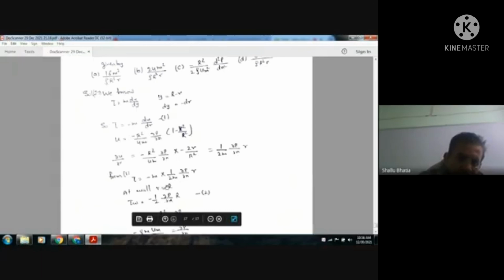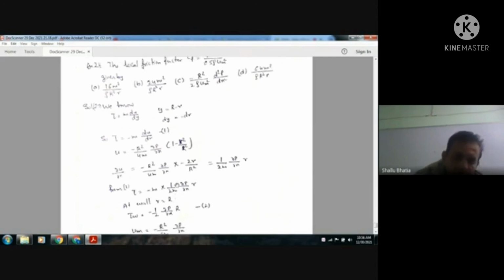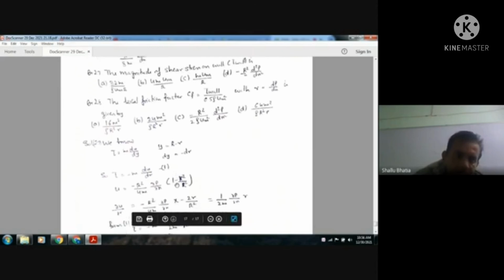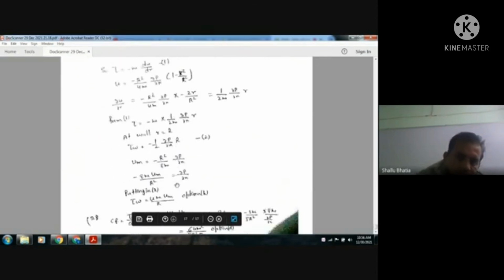When we take r equal to R, we get the wall shear stress. Putting r equal to R, dp by dx is 8 mu um by R square, and your tau wall will then be 4 mu um by R. So option B is correct.